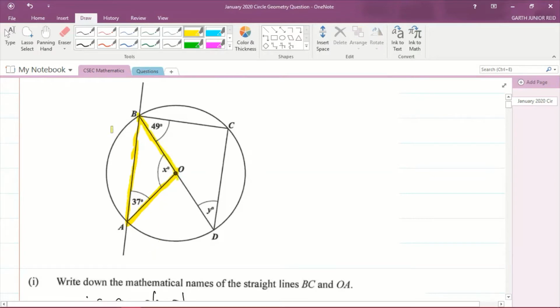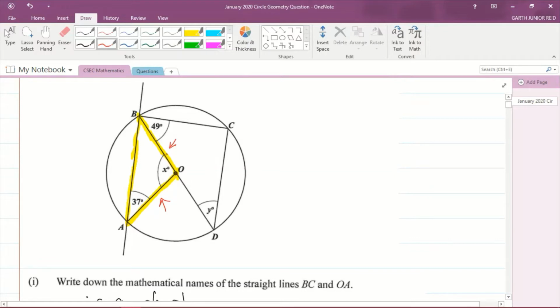Now, clearly we have a triangle there, but what type of triangle is this? Well, I know that this here is a radius, and I know that this is a radius. So OB is a radius, OA is a radius, so those radii must be of the same length.